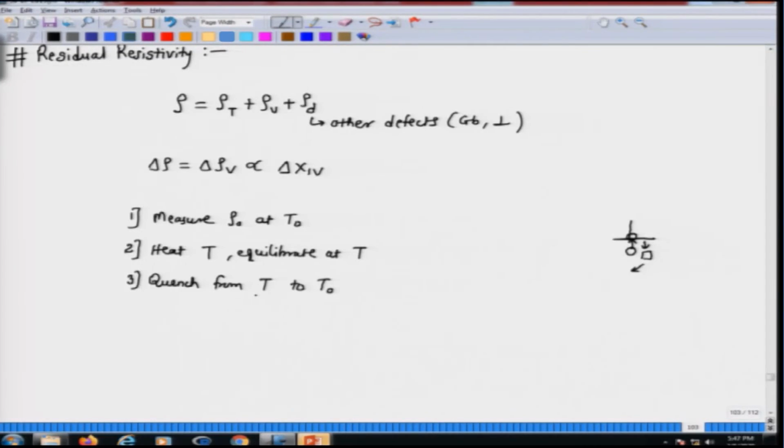That means that the creation or annihilation of vacancies requires time, because it is driven by diffusion. By quenching from higher temperature T, we are not giving enough time to vacancies for annihilation, and so the excess vacancy concentration will be retained at the lower temperature.